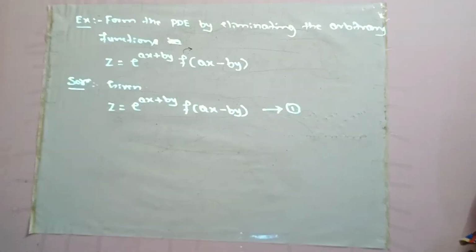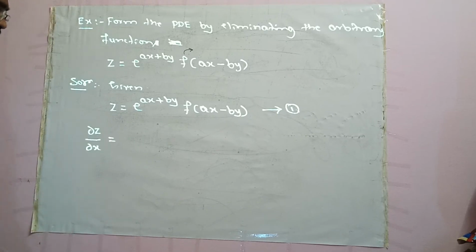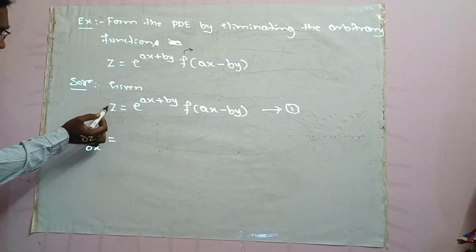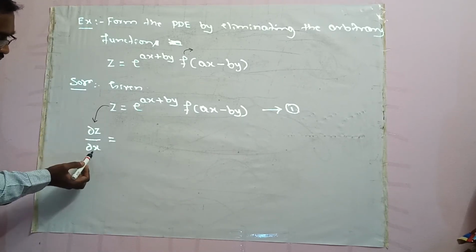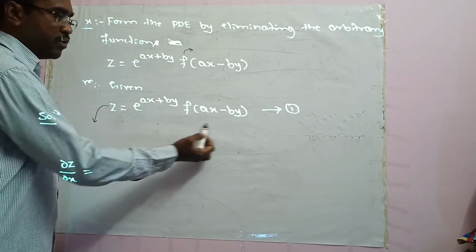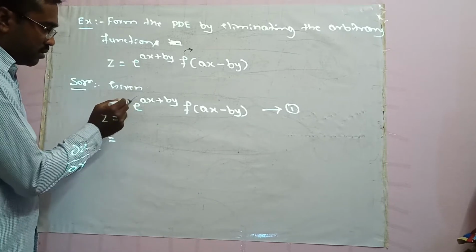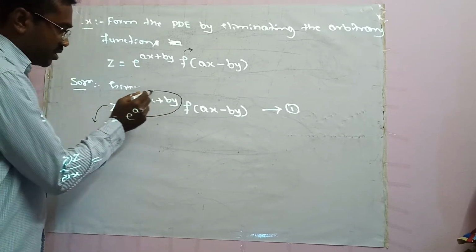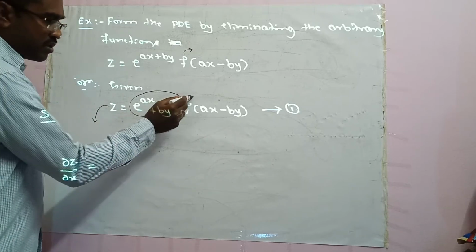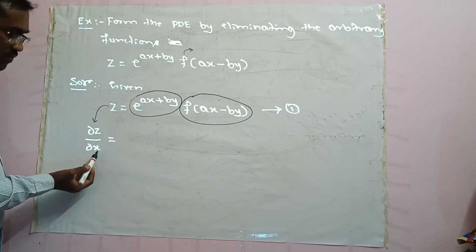So as usual we write the given equation, take it as 1, and here differentiate partially with respect to x. If you try to differentiate partially with respect to x, you can observe here, the RHS is a product of two functions of x.